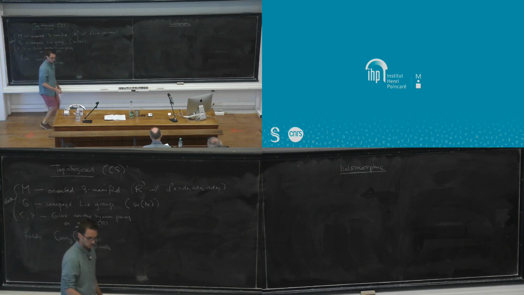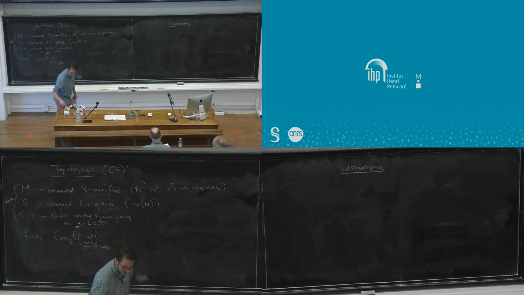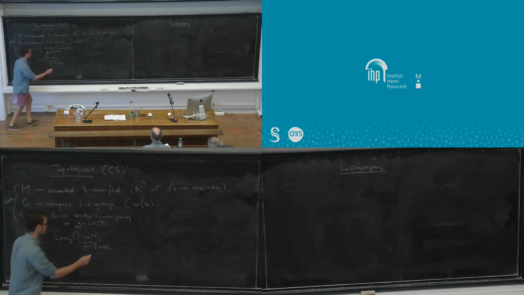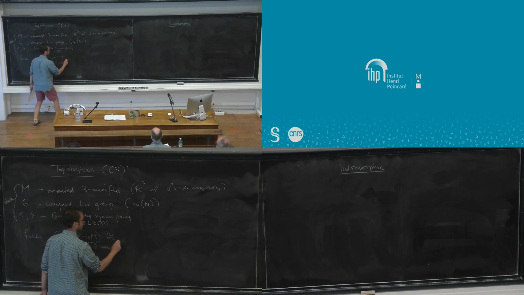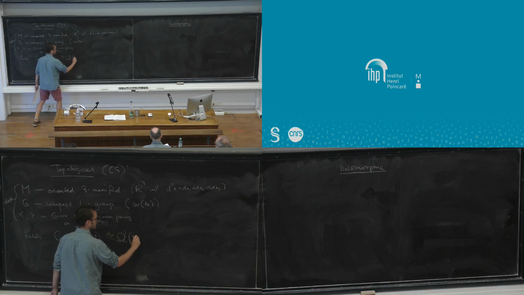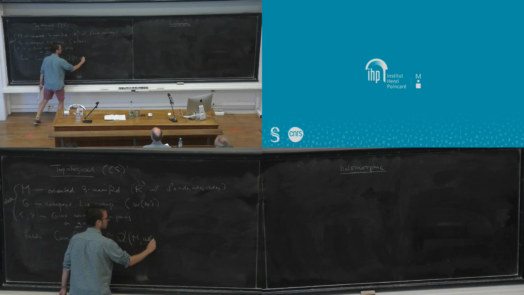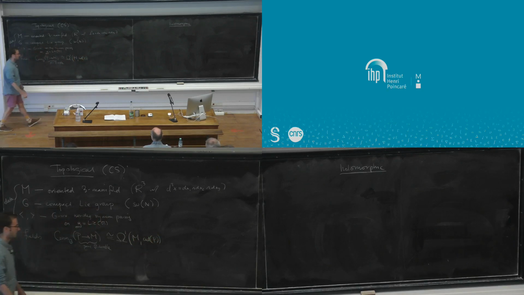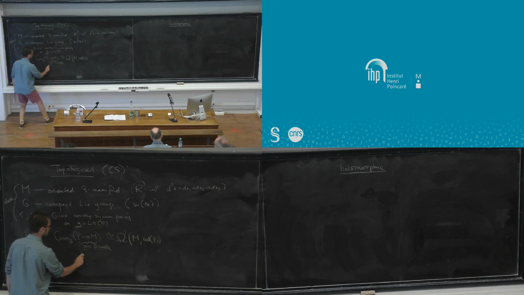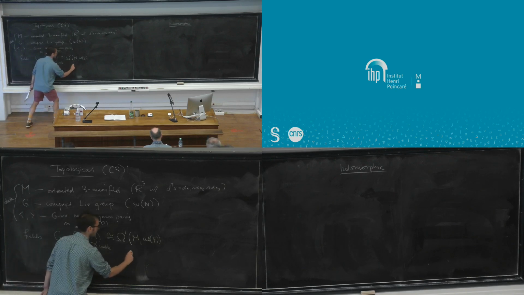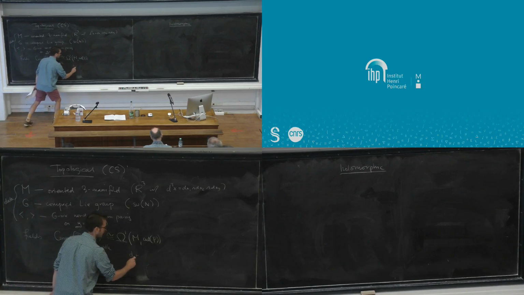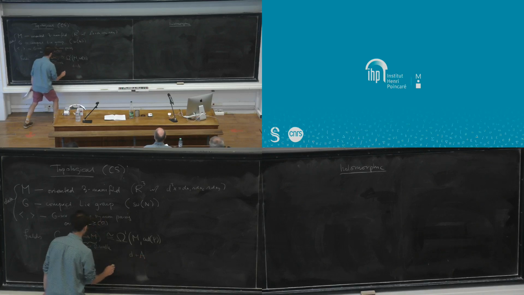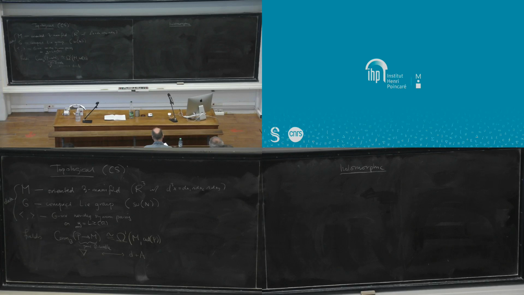And I think it's useful to just imagine you've fixed a particular connection so that you can identify this with one forms on M with values in the adjoint bundle of P. Okay. So for instance, if you had a connection here and I call my fixed connection D, I might think about there being a dictionary. Sort of locally, it looks like D plus A, of course.